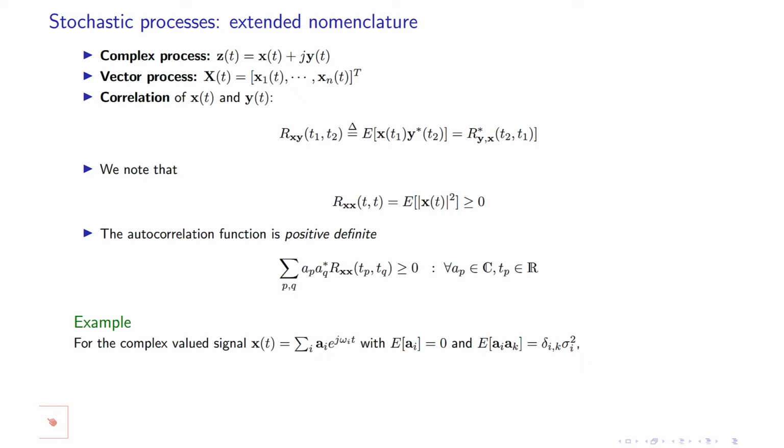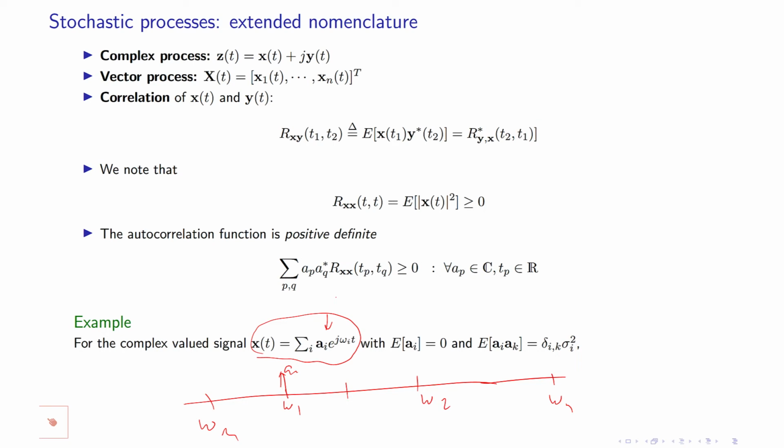Okay. So another example: consider a line spectral signal, which is a summation of some sinusoids. In the frequency domain, you put lines at frequencies omega 1, omega 2, omega 3, etc., up to omega n, and then you put magnitudes here, a1, etc. And then you have this random waveform, because the Ai are random.